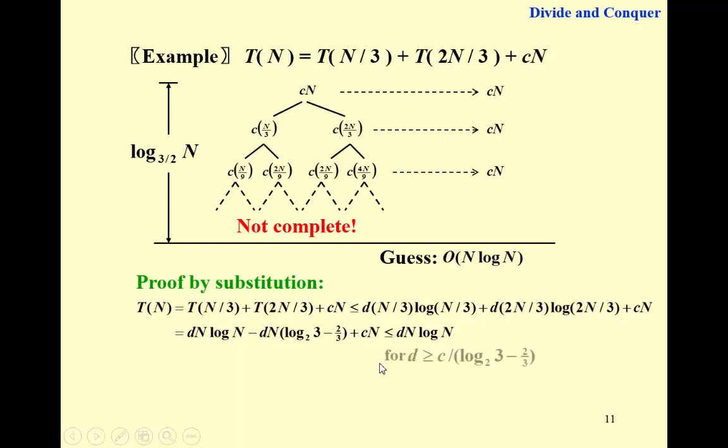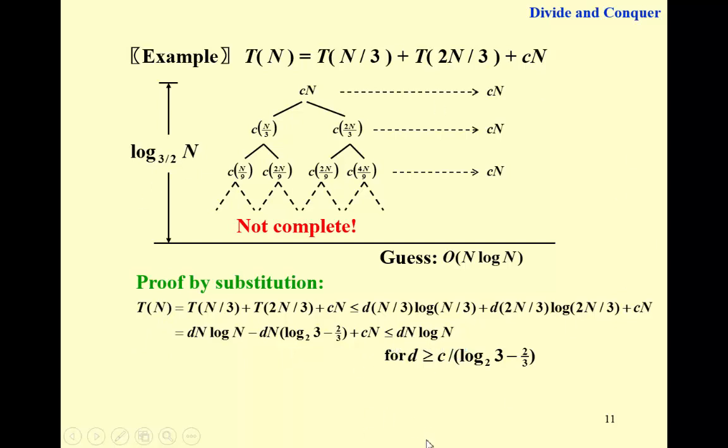To solve that inequality, we have that if d is greater than or equal to this constant, then we can prove that if we assume T of m is smaller than or equal to d times m log m, then this is also true for this n with the exact form.